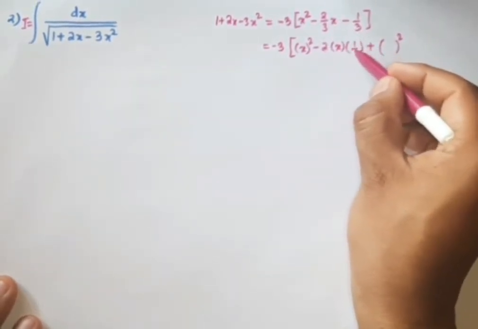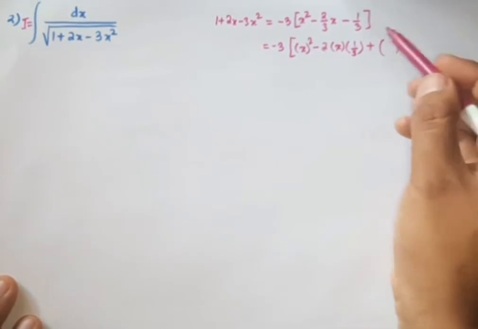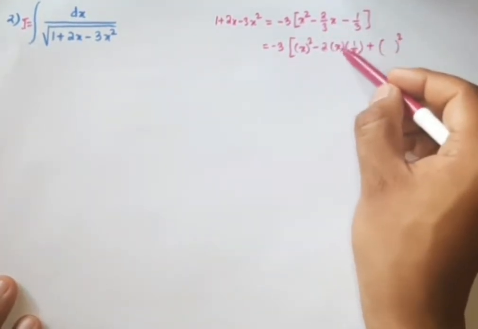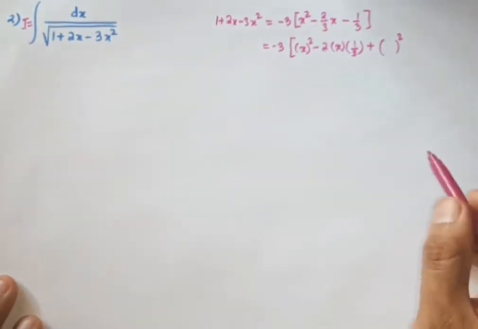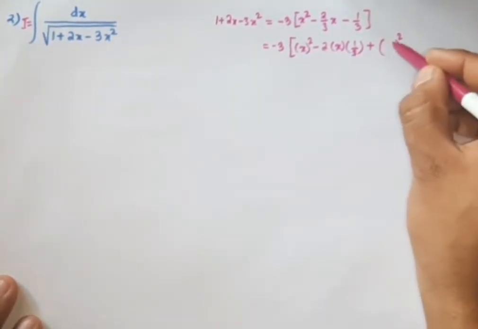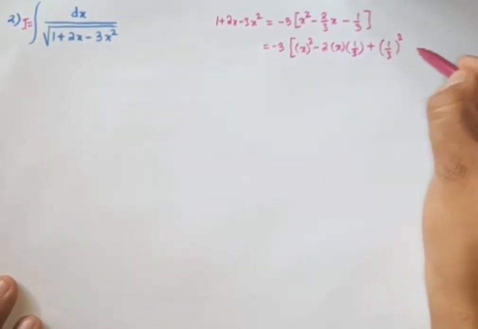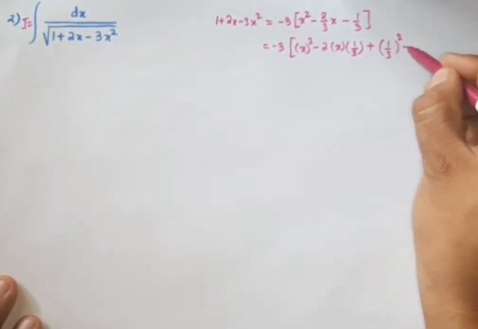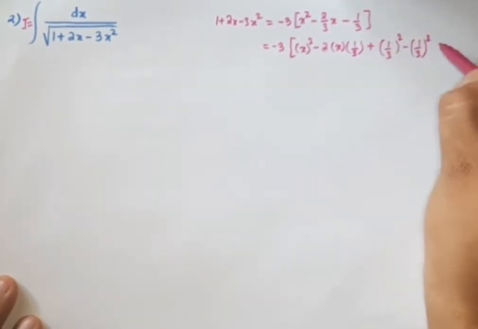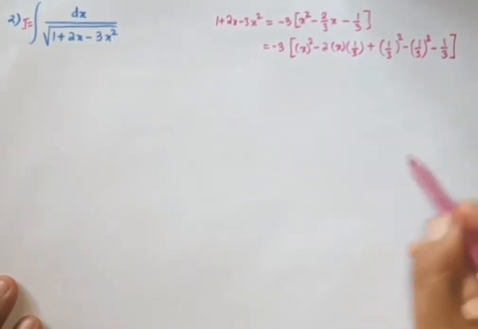So obviously that number has to be 1 by 3, right? So 2 into 1 by 3 is 2 by 3 into x, that is 2 by 3 x. So b is 1 by 3. So plus b square comes, where b is 1 by 3. Now this is extra, so that's why I'll remove this. And we have still -1 by 3 with us.